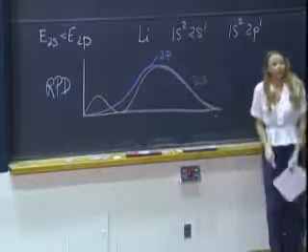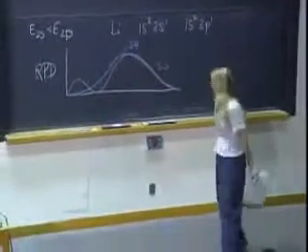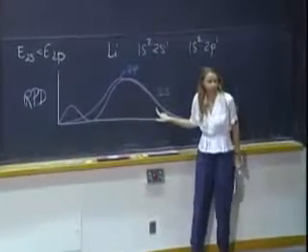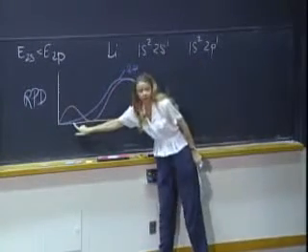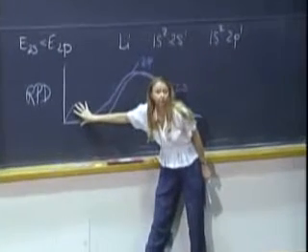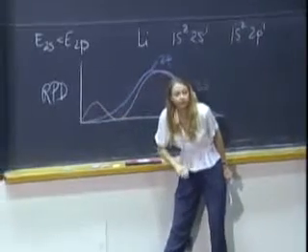Okay. Now, you have to do a thought experiment here. In this 2s radial probability distribution function, what you see is that there is some finite probability of the electron in the 2s state being really close to the nucleus.